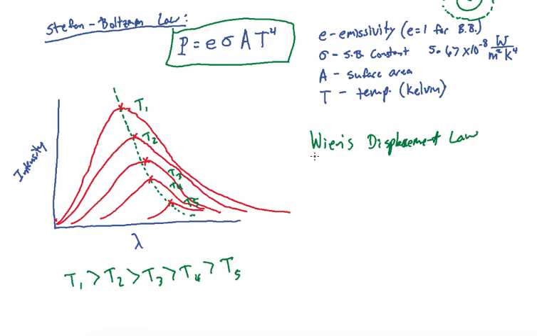Basically, what we're saying is the wavelength maximum for all these different temperatures is inversely proportional to the temperature, which then gives you the actual law, which is that lambda max times the temperature is equal to a constant.